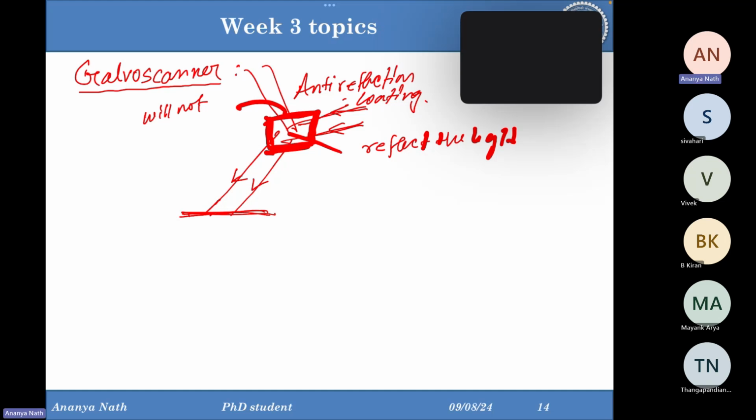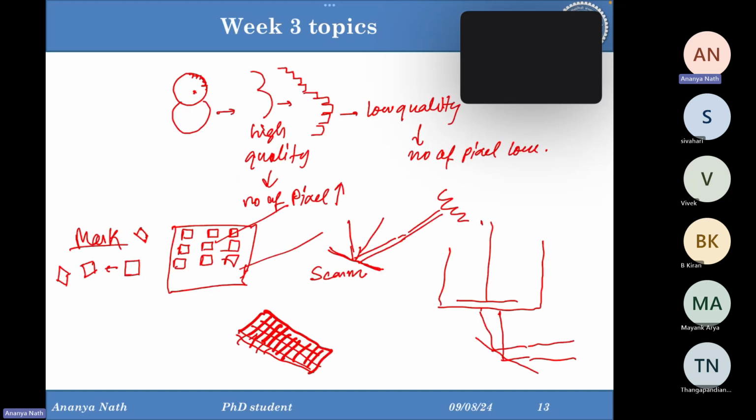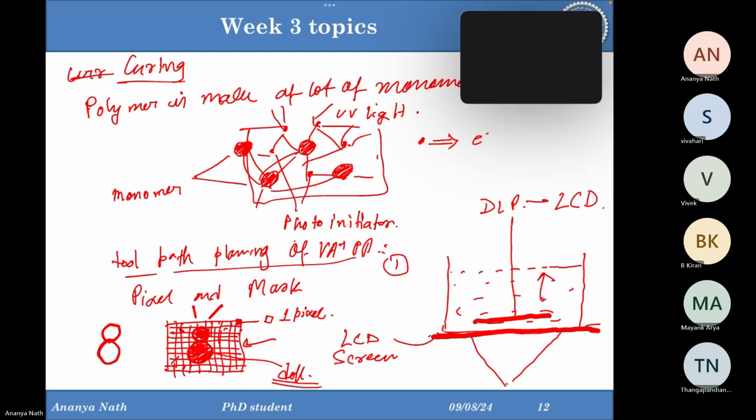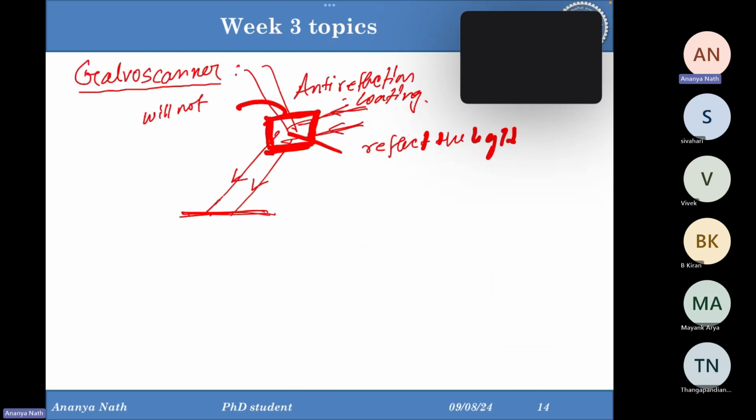So galvo scanner is very useful in AM processes, especially in the vat photopolymerization technique and powder bed fusion technique, which can give very high accuracy in moving the laser beam or moving the UV light over the build plate. So these are a few important things about the tool path planning of vat photopolymerization using galvo scanner.